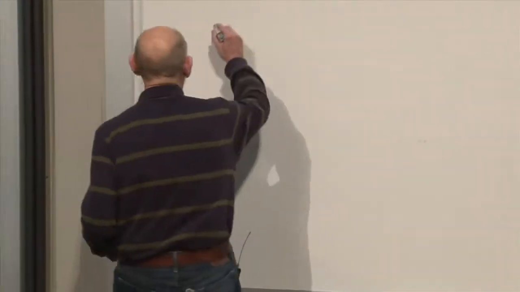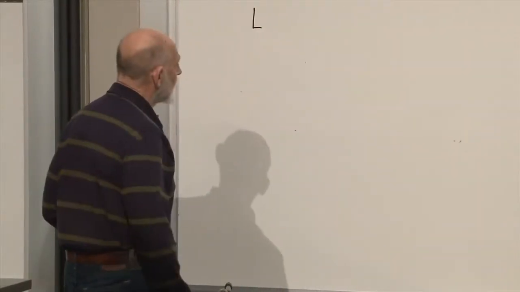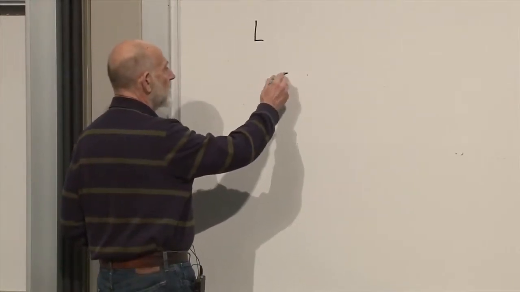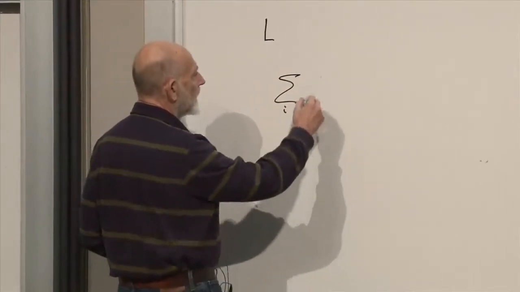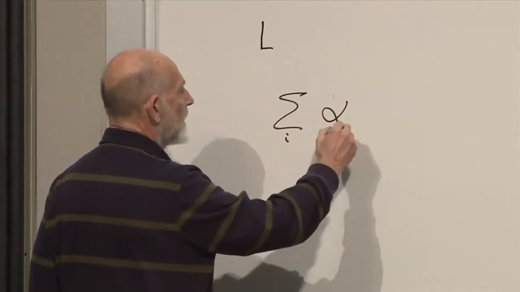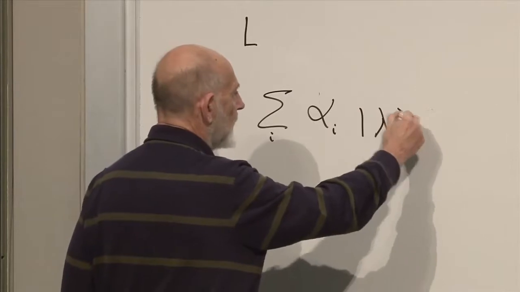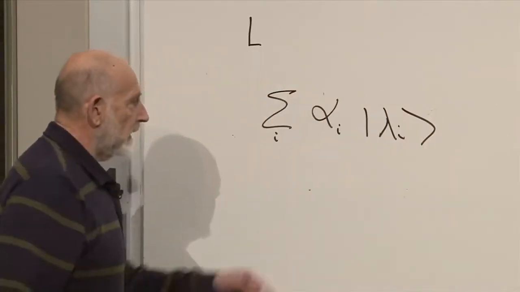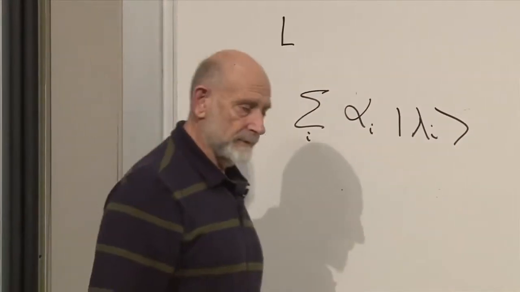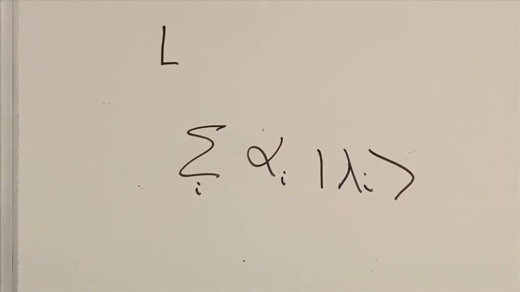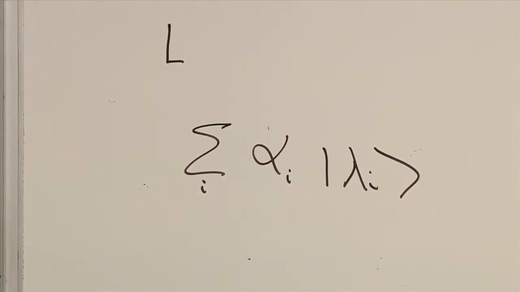So for example, let's suppose we want to measure L. Our system after a while might be in a state, some summation over i, of complex numbers alpha sub i times eigenvectors of L with eigenvalue lambda sub i. Okay, what's the probability for the outcome of the experiment?